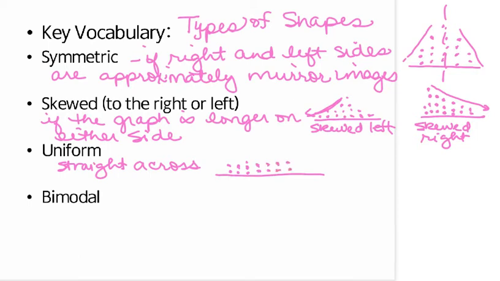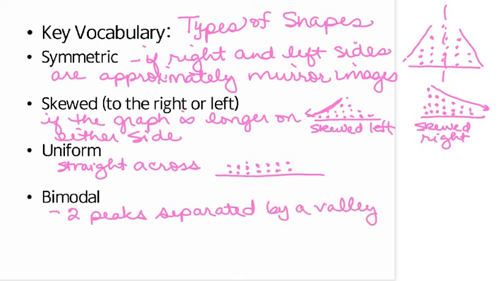That would be uniform. Now we have some different types of modes, bimodal, and then I'll also tell you about multimodal. Unimodal means you have one peak. Bimodal means you have two peaks separated by a valley. And that would look something like this.